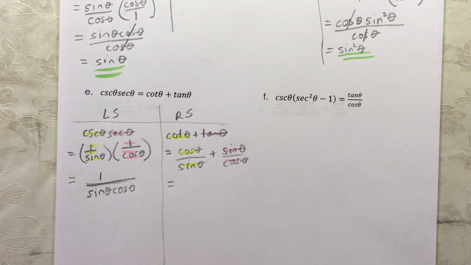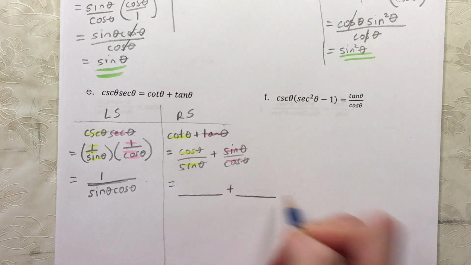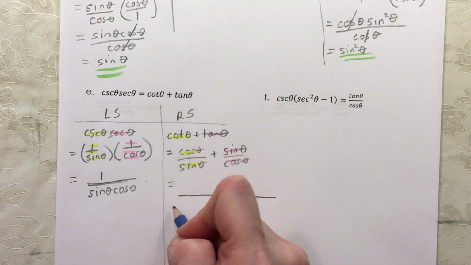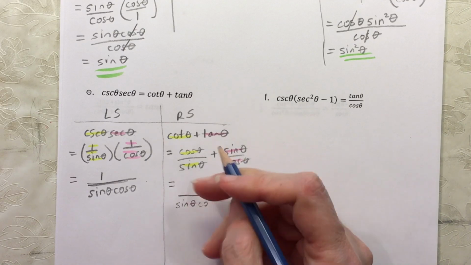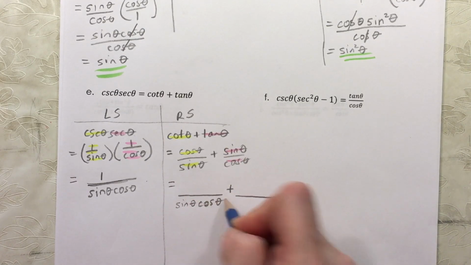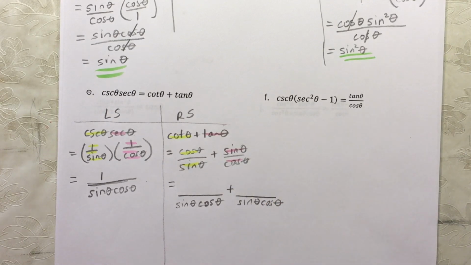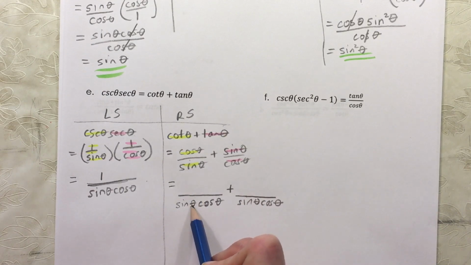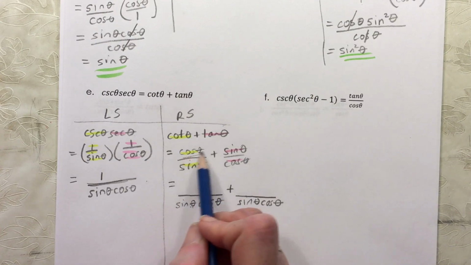So now what's actually happening here is we're adding fractions together. So to add fractions, that's where you need a common denominator. So if one denominator is sine theta and the other is cos theta, the common denominator will be sine theta cos theta. Now, to get from the denominator sine theta to the denominator sine theta cos theta, I had to multiply the bottom by cos theta, which means I have to multiply the top by cos theta.